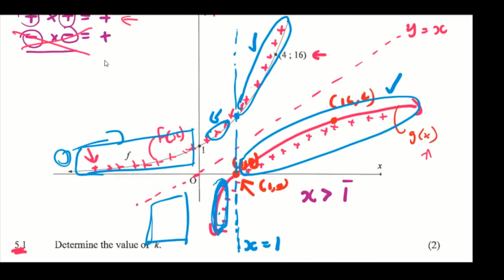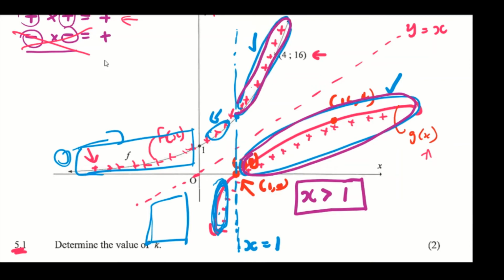So when x is greater than 1, as we can see from these lines that I just drew, we have y values that are positive here, and we also have y values that are positive here. So we're having both positive y values giving us a positive solution of y. So this is going to be your final answer for this question.